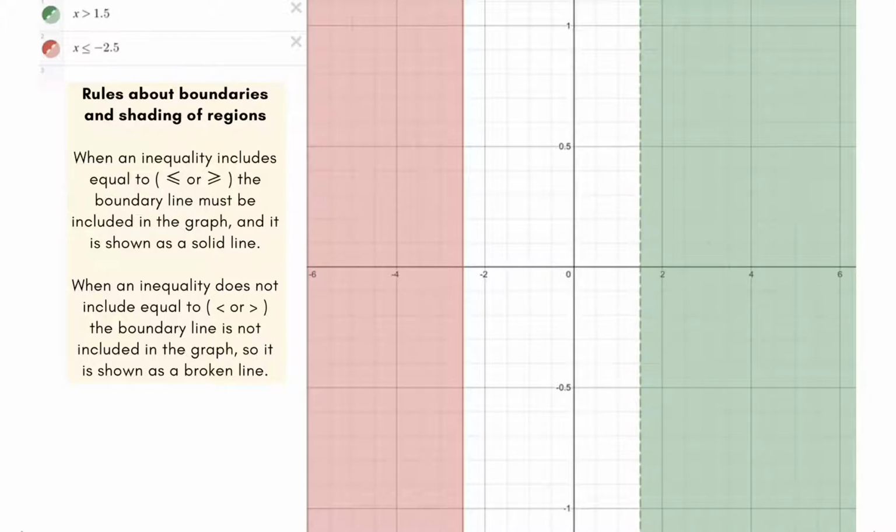Here we have two vertical lines. The equation of this dotted or broken line is x is equal to 1.5, and the equation of this solid line is x is equal to negative 2.5.